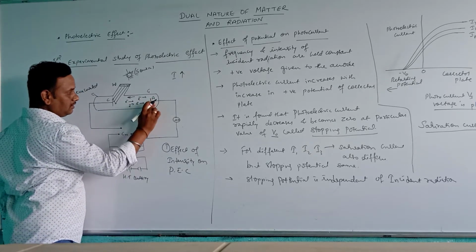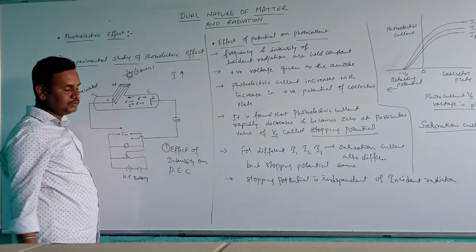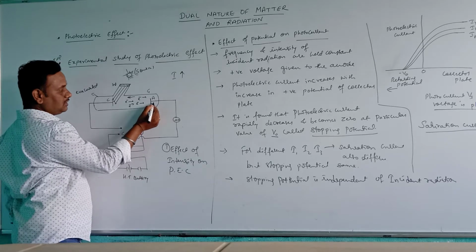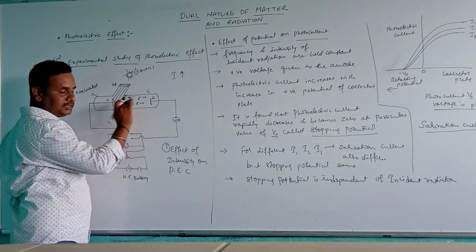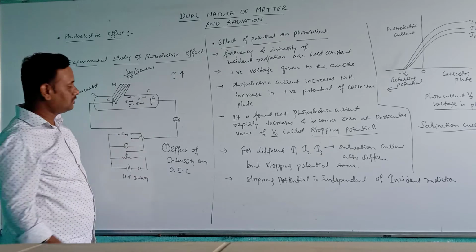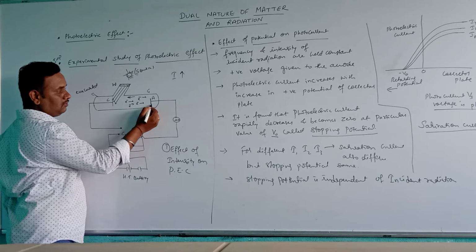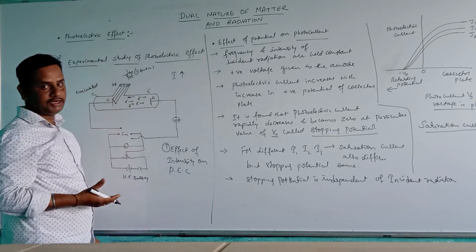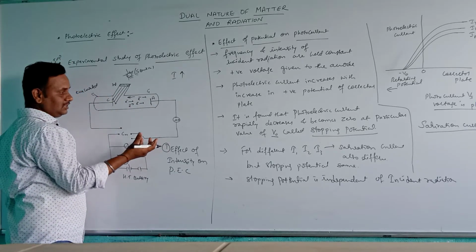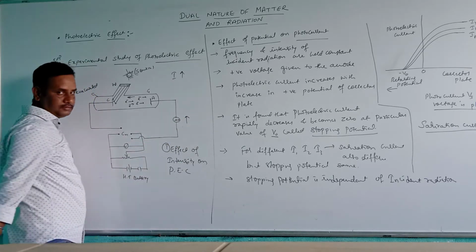And I said in the beginning that we maintained a positive potential here. The electrons emitted by this emitter plate are negatively charged particles, so the electrons will get attracted towards the anode plate, which is called the collector plate. Once they get attracted, there will be an increase in the photoelectric current.